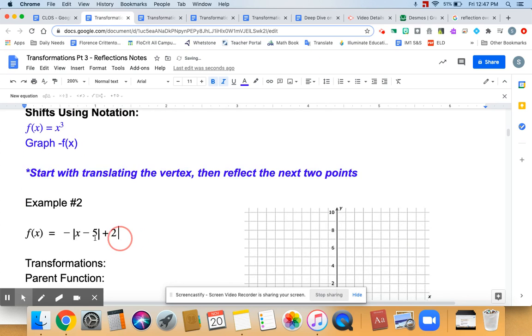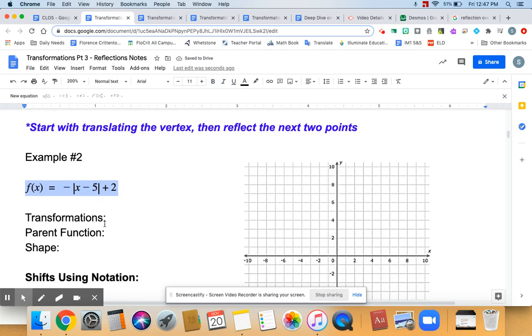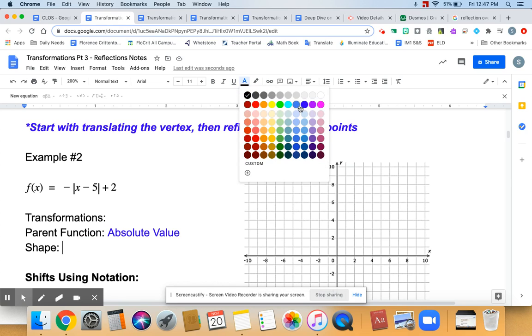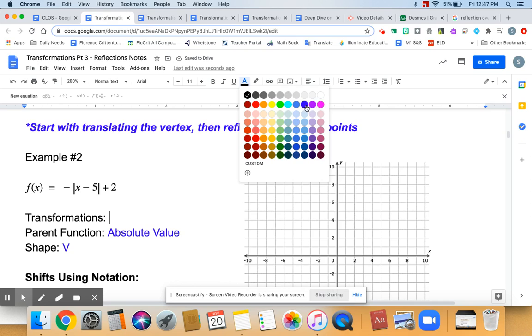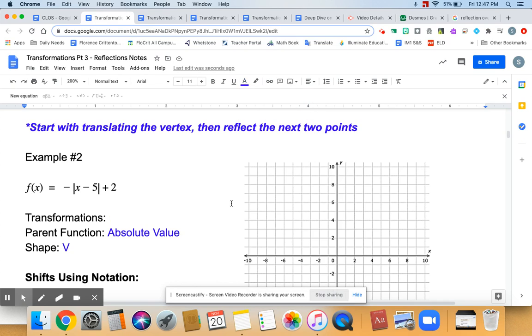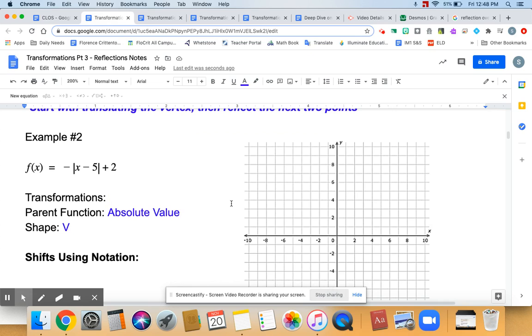So this one, it has multiple transformations in it. First of all, what's the parent function? Remember, this is an absolute value because of the 2 lines around it, which means which shape is it going to make? It's going to make this V type of shape. Now the transformations, there's a lot of them. There's 3. What are the 3 transformations?